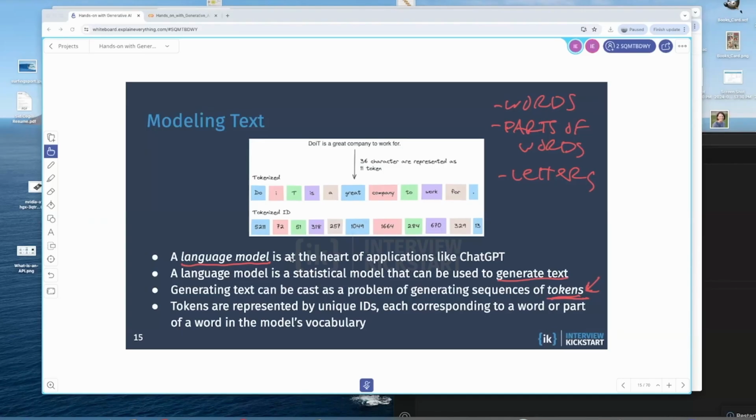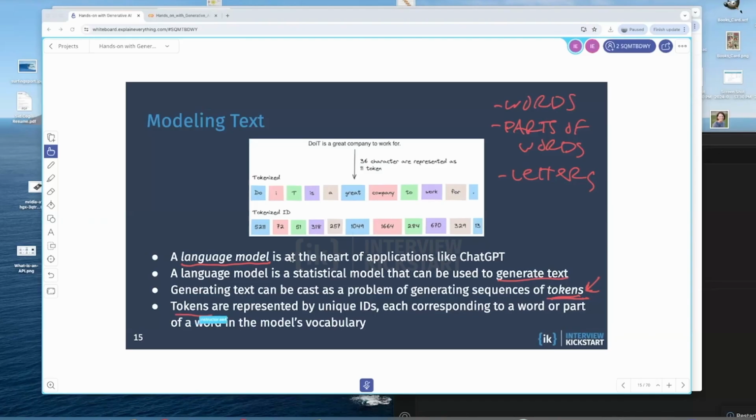If I come across some word that isn't in my vocabulary, then I can at least break that word up into a sequence of letters, right? If I have the alphabet in my vocabulary. And so that's typically what a modern tokenizer looks like. It's basically the vocabulary of your language model, but it contains things like words, parts of words, like suffixes and prefixes, as well as individual letters.